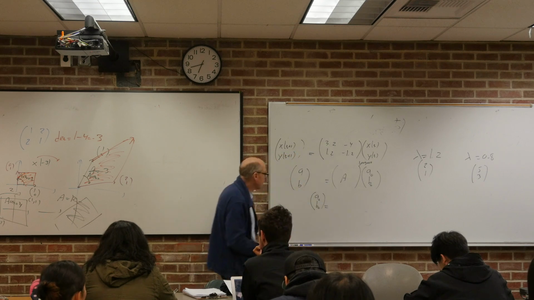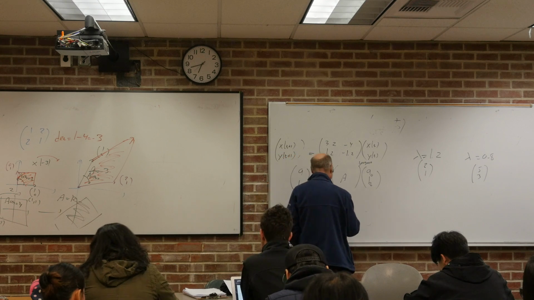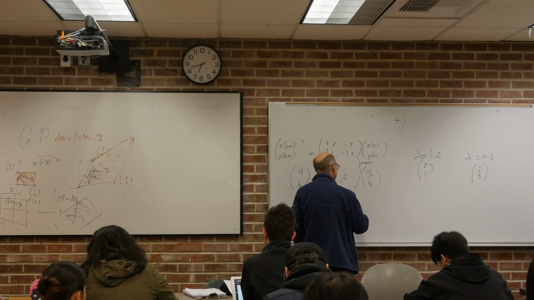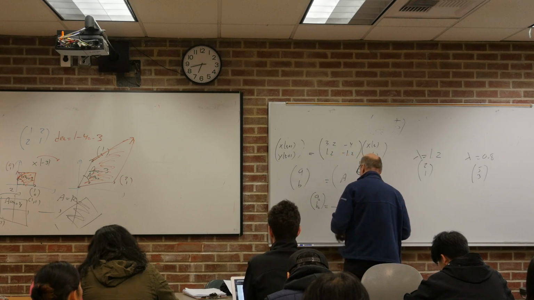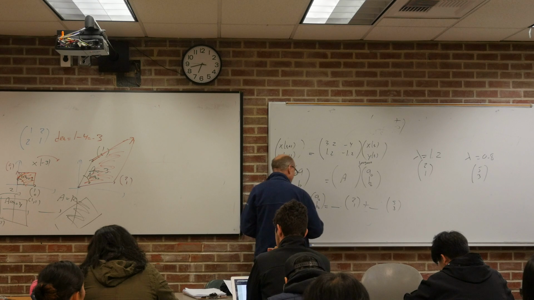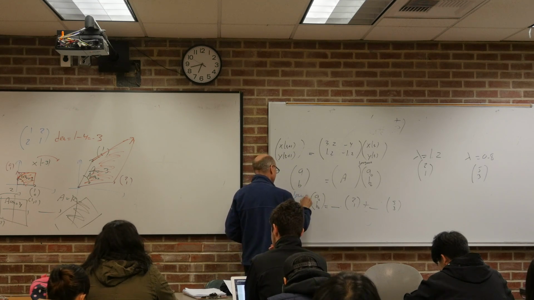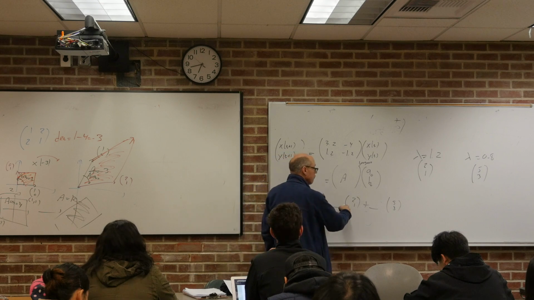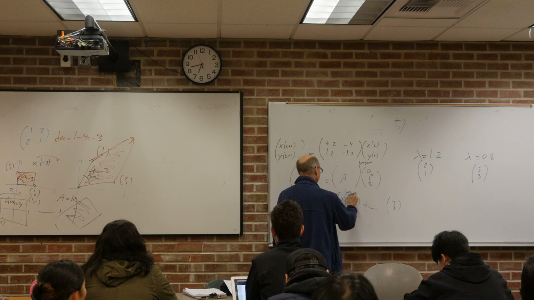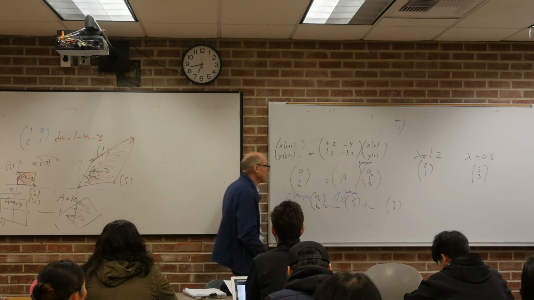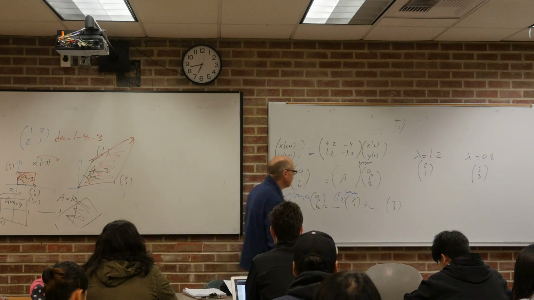Okay, so what we can do is write that original population as some number of (2, 1) plus some number of (5, 3). And then 1 million years in the future, this (2, 1), whatever number we have there, is going to get multiplied by 1.2 to the 1 million.